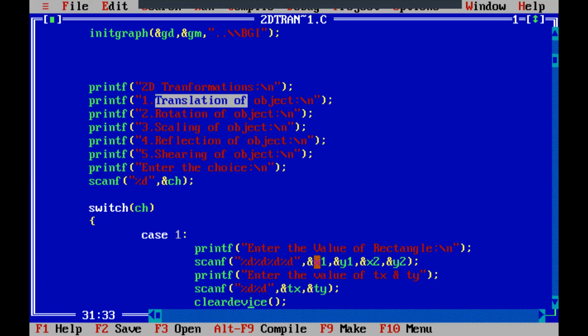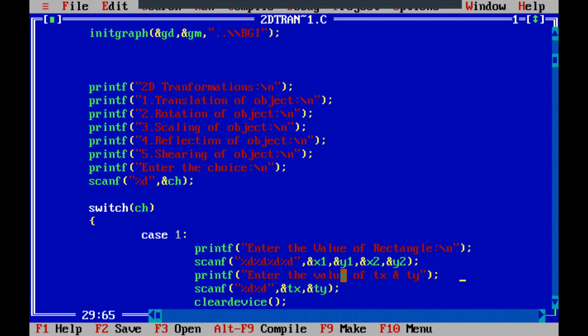Once I get those, I will first draw the rectangle with the original values. That will be your original object, x1, y1, x2, y2. With these 4 variables, I will draw the first rectangle, and then by adding tx to x1 and x2, that is the translation along the x-axis where tx is the factor, and adding ty to y1 and y2 respectively, that is the translation factor along the y direction, I again display that resultant rectangle.